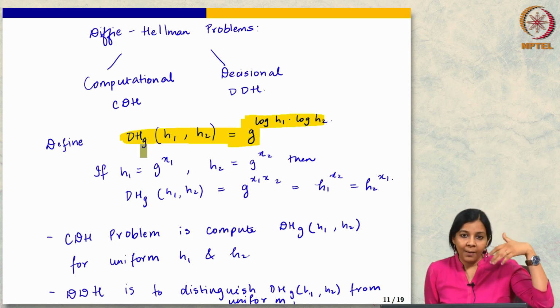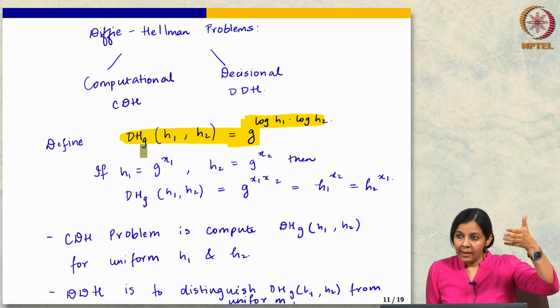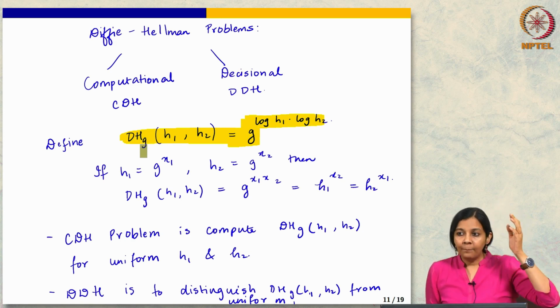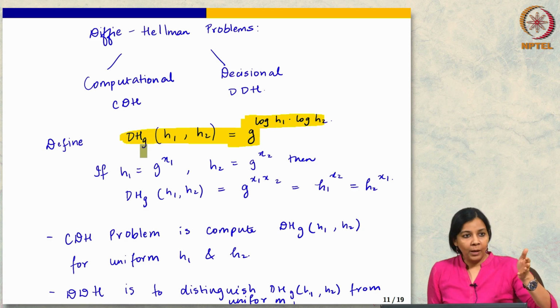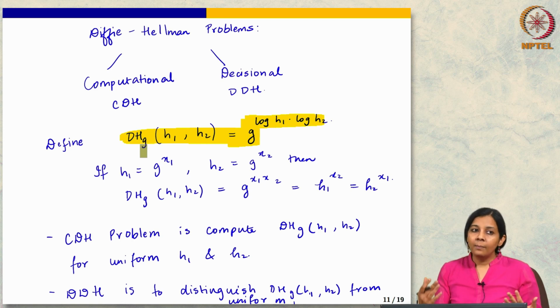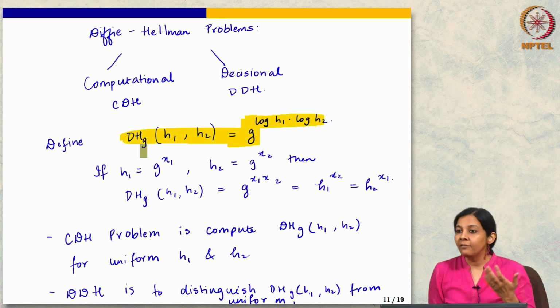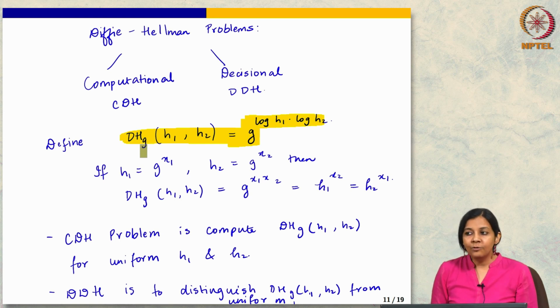So, if I am giving you some samples that on one hand I just sample uniformly from the group, and on the other hand I compute like this, the DDH assumption is saying I cannot tell the difference if I am bounded by polynomial time. Of course, again if I have unbounded time, I can solve the discrete log problem and I can check if this relation is holding. So, you see the flavor, right.